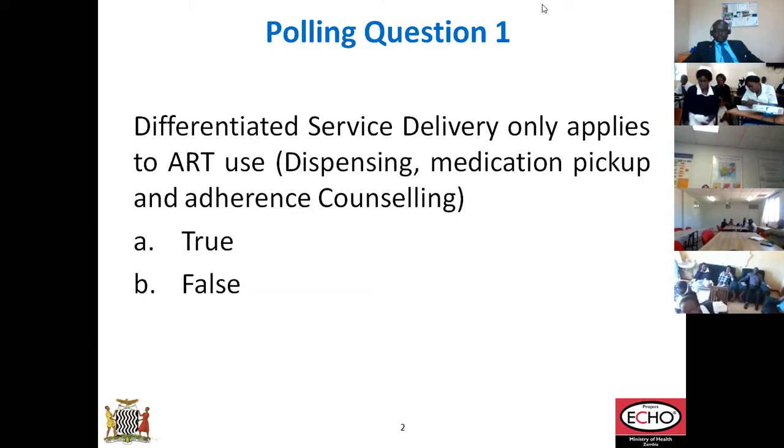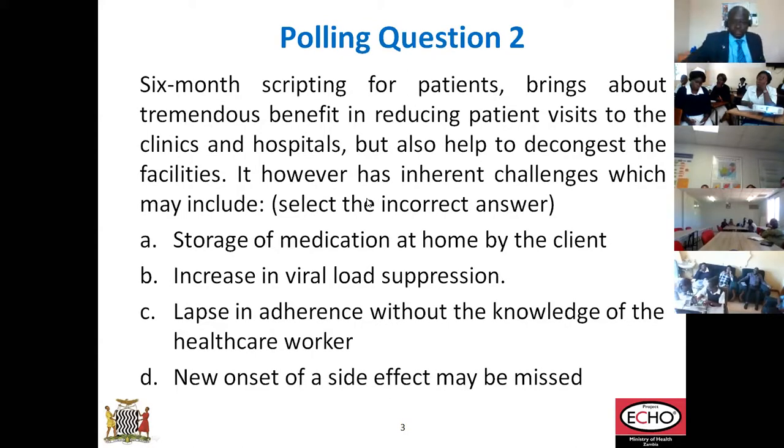We can look at the second poll question, which is as follows. 6 months scripting for patients brings about tremendous benefit in reducing patient visits to the clinics and hospitals, but also helps to decongest the facilities. It, however, has an inherent challenge, which may include, you may select the incorrect answer.